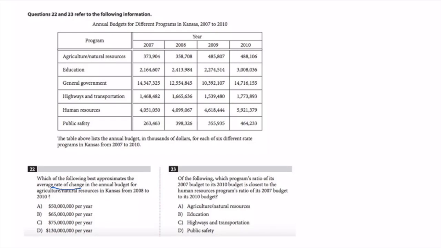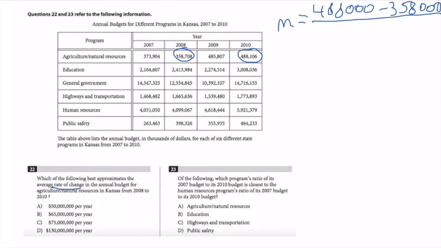Okay, rate of change, I know is slope. So I'm going to have to find the slope between this number and this number. Okay, again, we want to know approximately how much it is, so slope, I'll go 488,000 minus 358,000, divided by my x's.